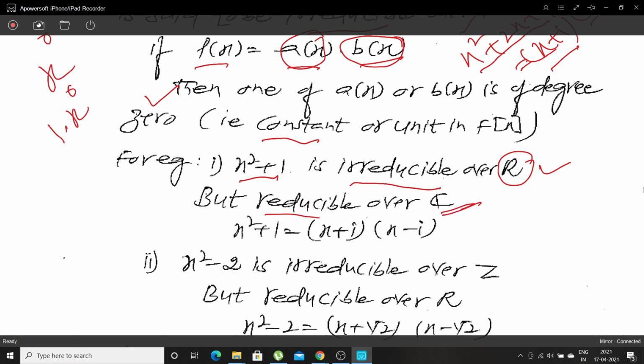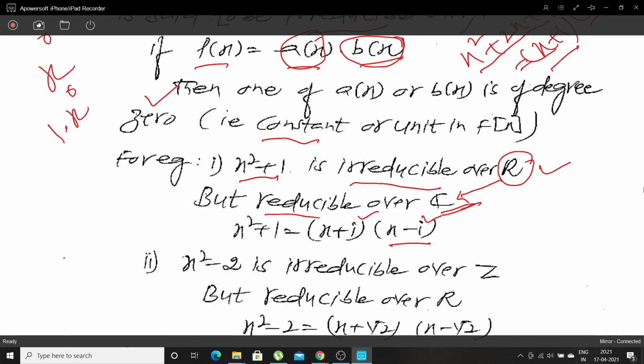That means in place of real numbers, if we take complex numbers, then we write x square plus 1 as x plus i into x minus i.